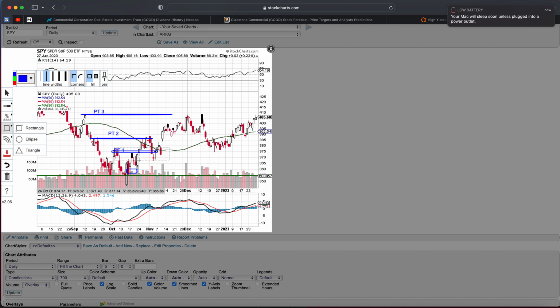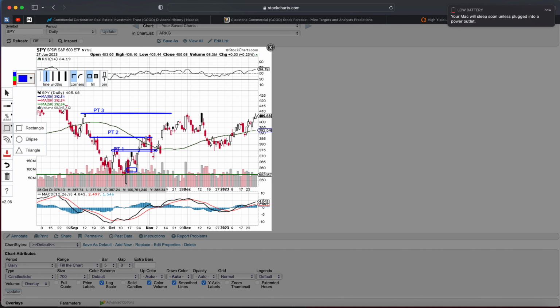So the first time you sell 25, right? That's a fourth of your shares. So now you have 75 shares, right? And then it hits the second price target, and you're going to sell off 25% of your shares. So you have 18.75.